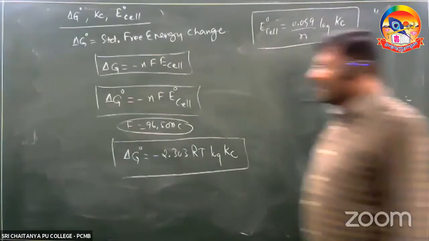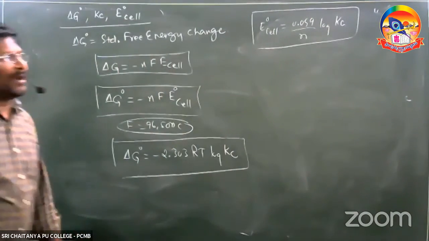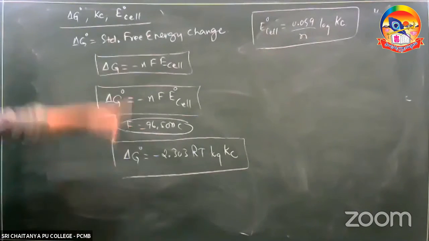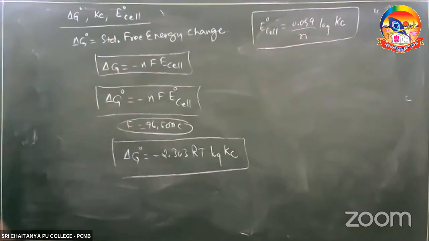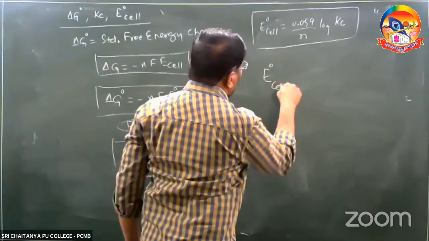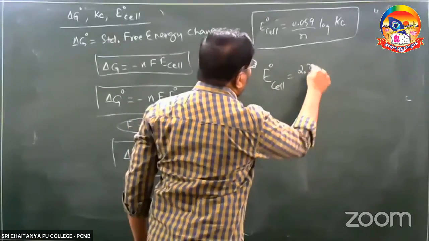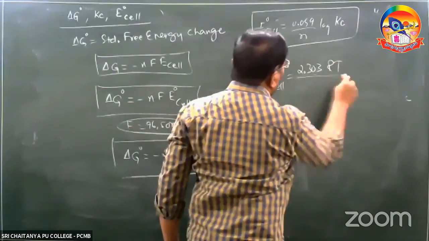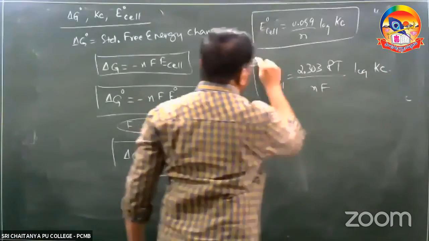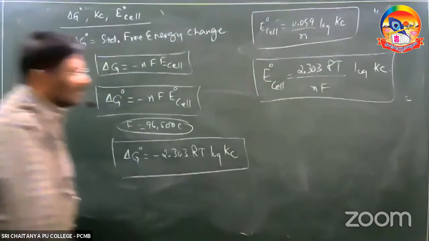E naught cell is equal to 0.059 divided by n log Kc. That is another one. And of course here, 0.059 means what do you write? E naught cell is equal to 2.303 RT by nF log Kc. That is another important one.